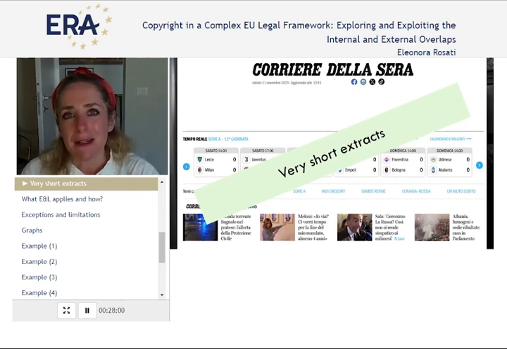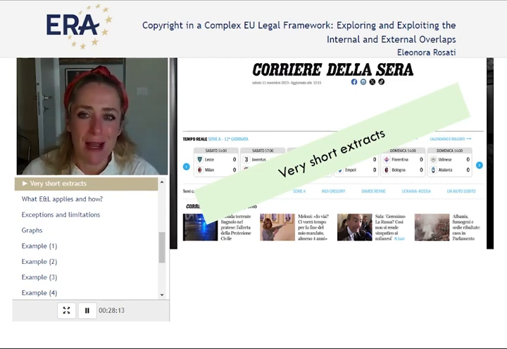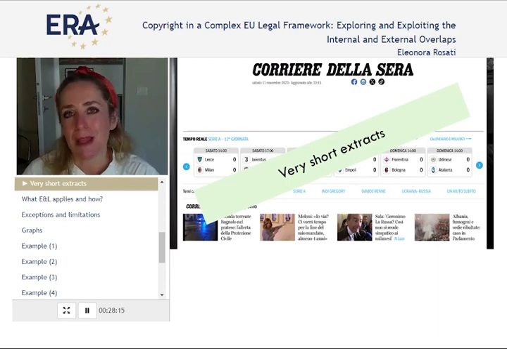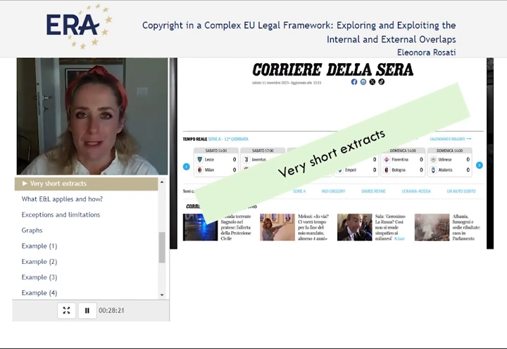Similarly, a headline is something that sometimes can be very creative. So I would say even protectable by copyright, but for sure having a catchy headline is what convinces someone to read a newspaper, to read an article. So the reproduction of a headline might be even a reflection of investment.